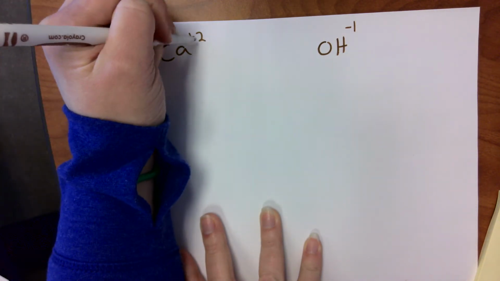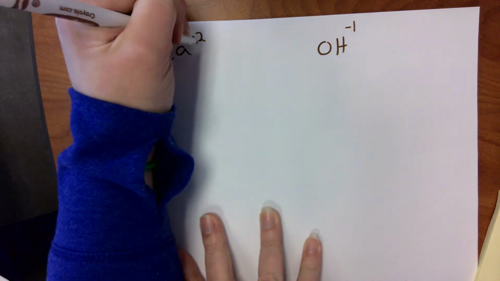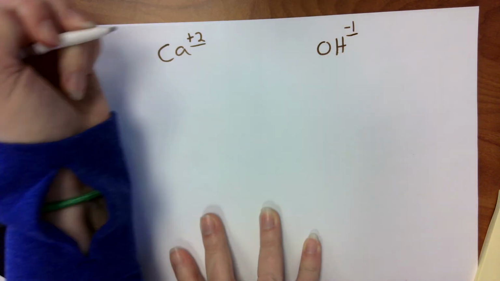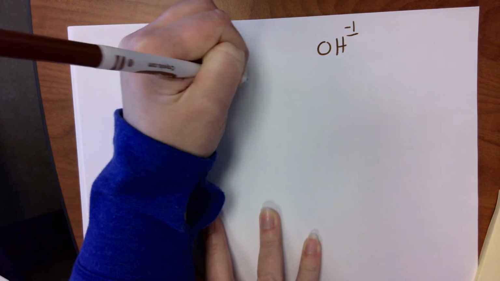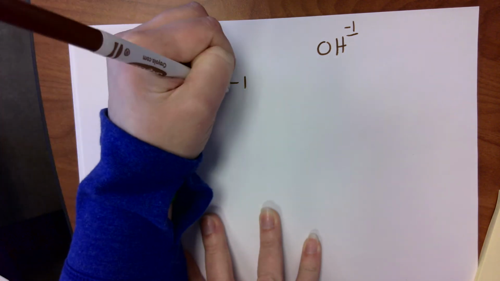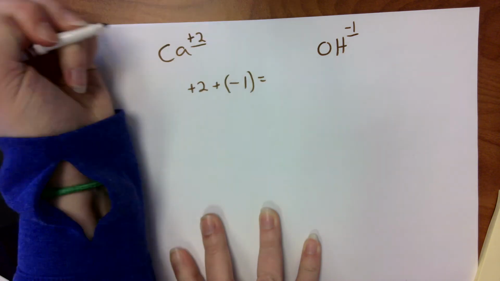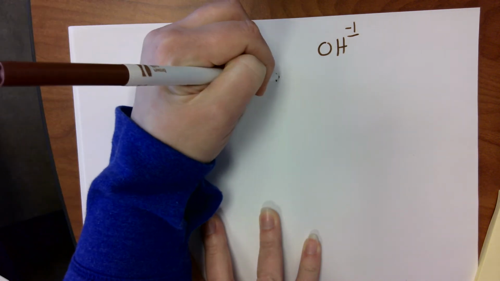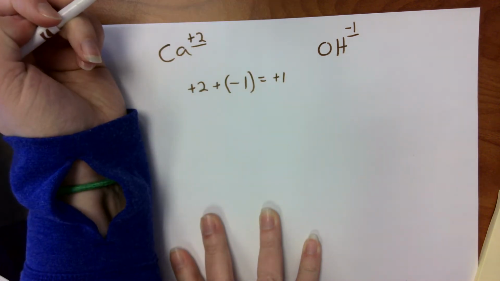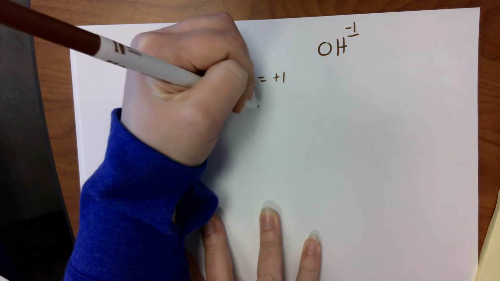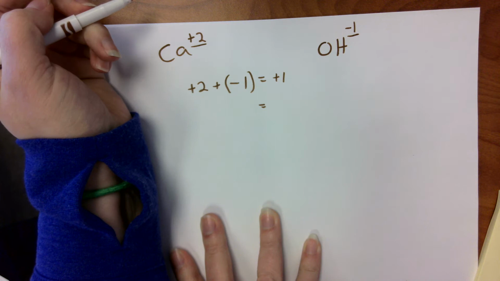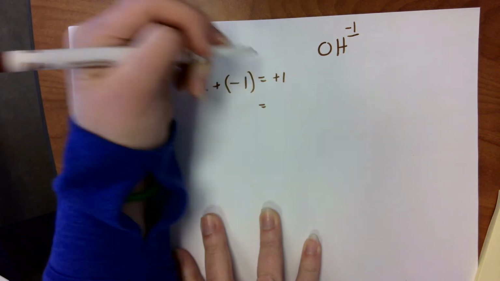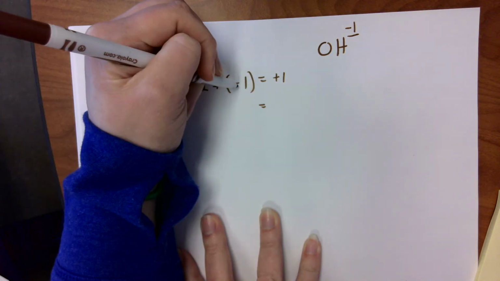However, this doesn't help, because you'll notice our charge math: +2 plus a -1 equals +1. We're not at 0 yet. We need to get to 0 to be happy between all of these. So in order to get rid of our +1, we need to add -1.